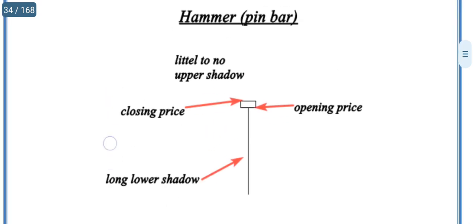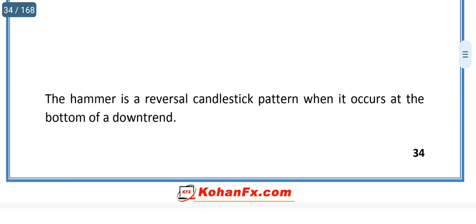This hammer that we are seeing is a reversal candle pattern when it occurs at the bottom of a downtrend.